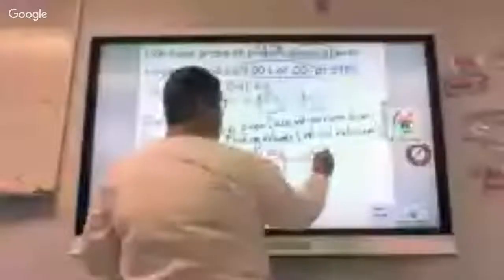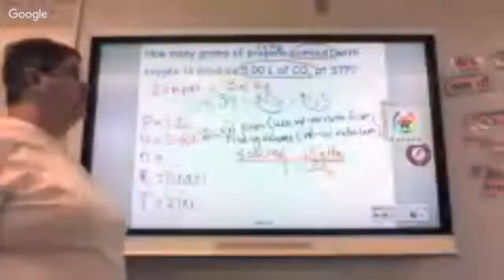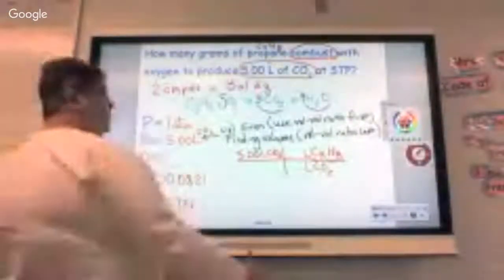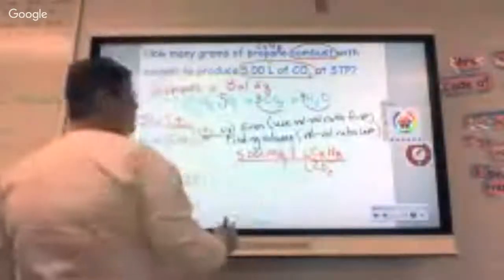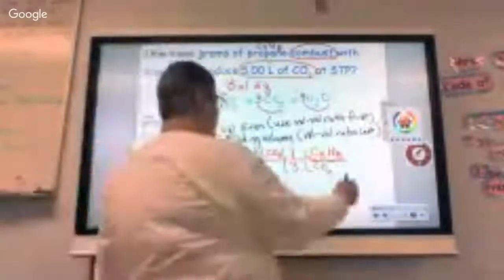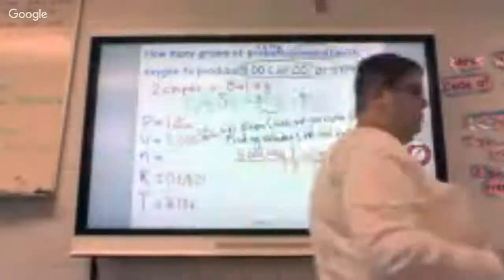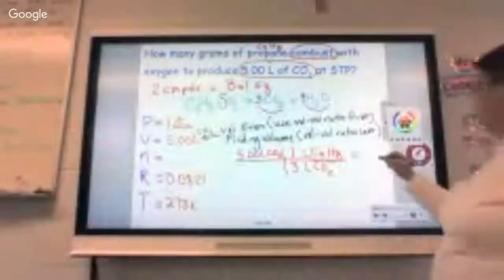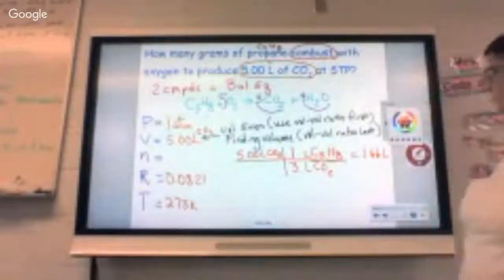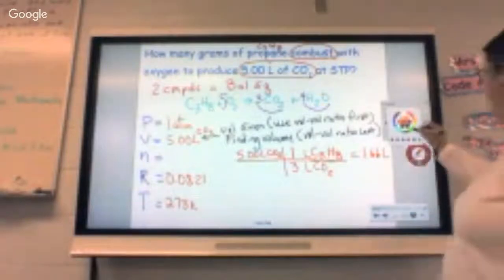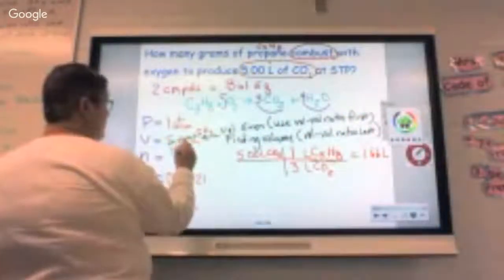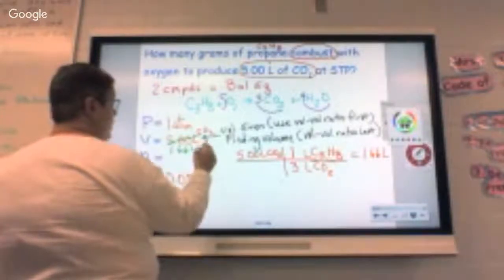So C3H8 has what in front of it? 1. And CO2 has a what? If I remember from first period right, I think that's like 1.66. Okay, 1.66 liters. Now, instead of this, I now have 1.66 liters of propane.